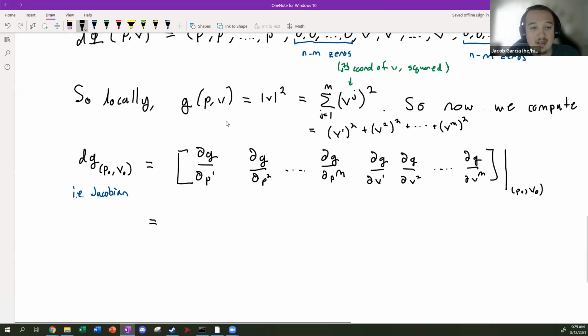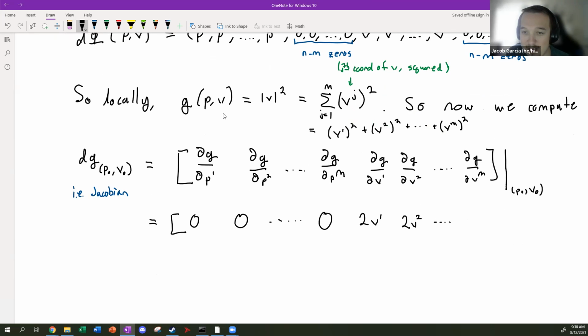So if I take the partial derivative of this with respect to P1, I get 0. With respect to P2, I get 0. And I get zeros for all the P's up to Pm. And then the differential of this map with respect to V1 is just 2V1, and this is 2V2, all the way up to 2Vm. And this gets evaluated at P naught V naught.